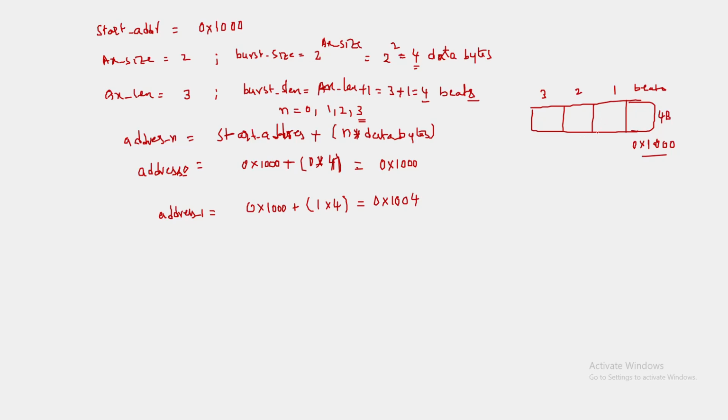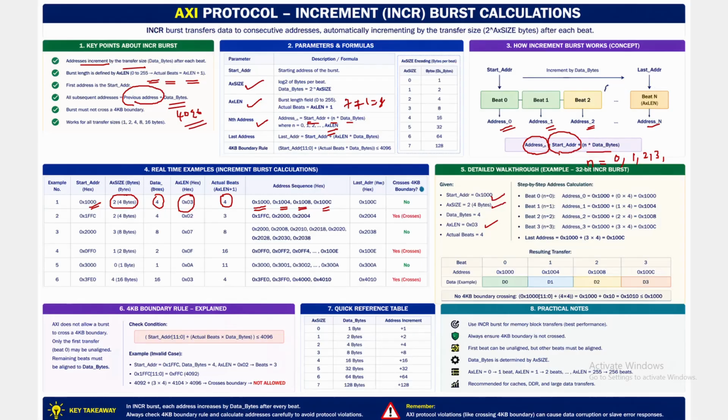Similarly, the next address is 2 into 4, 1008. And then 3 into 4, that means 12, 100C. In this way we will calculate the next addresses. That's what we showed on the previous slide: data 0 at start address 1000, and then data 1, 1004, 1008 and 100C.